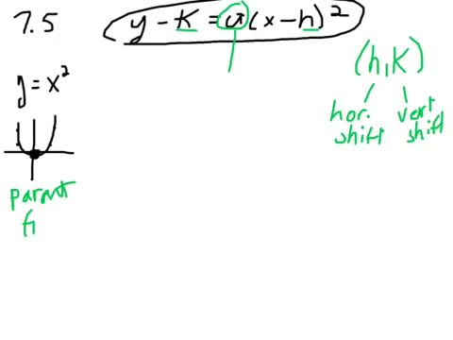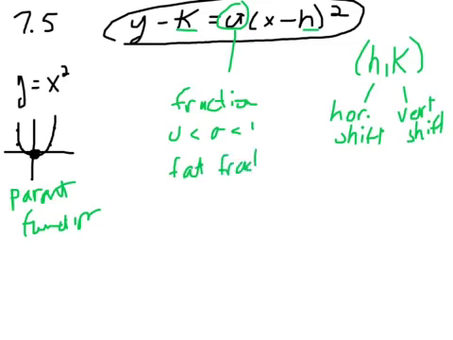So this number a, if it's a fraction between 0 and 1, the graph is going to be wider. How I remember that: it's a fat fraction. It makes our graph wider than the parent function because it's climbing more slowly, so it takes longer to go up, and you end up with a wider graph.